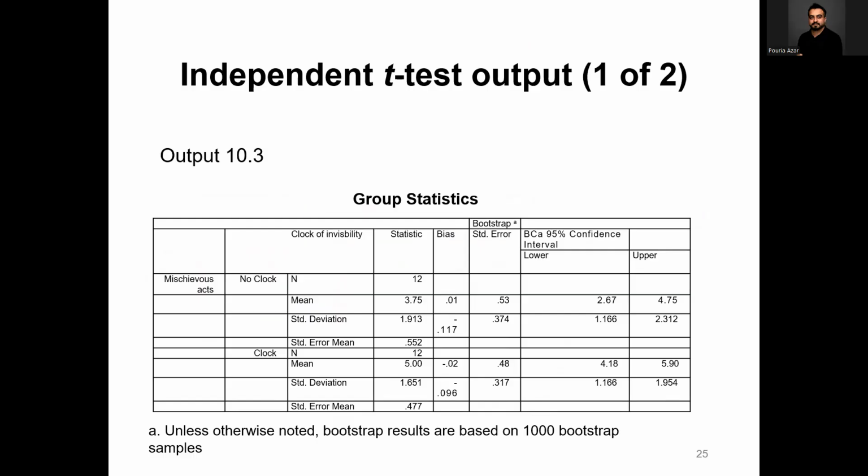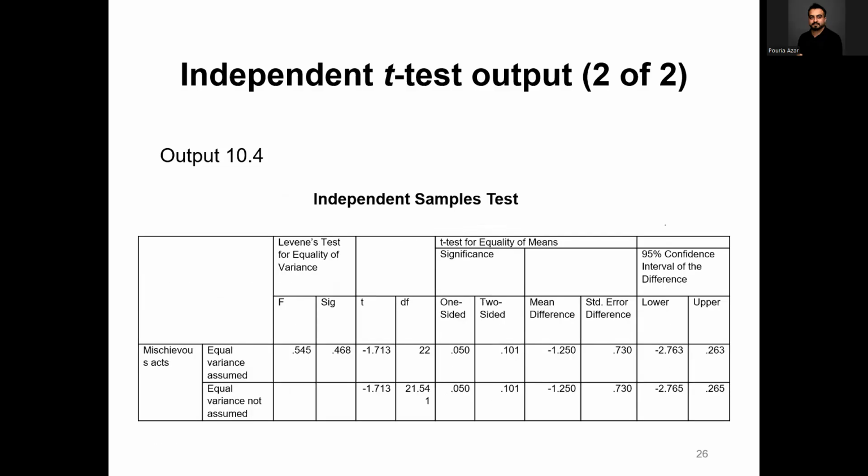I have sample size, mean, standard deviation for each group, and I have a statistic for that. I have a 95% confidence interval as well. And this is what I will get from the independent t-test output.